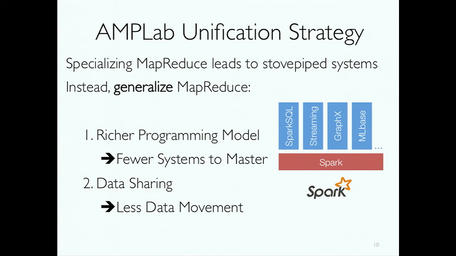Let's just make MapReduce more functional. Let's make it do more. And then we can build all of these different ways of working with data on a common substrate. That substrate is something now that's called Spark. And we were able to plug into the Spark system our relational query processing, streaming, graph processing, machine learning, and so on. And that's led to a lot of the adoption, a lot of the success of Spark and the Berkeley Data Analytics stack.